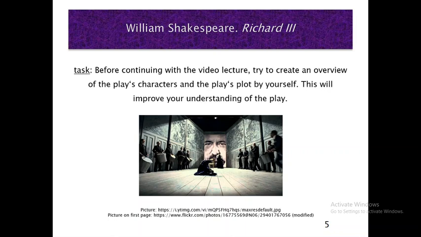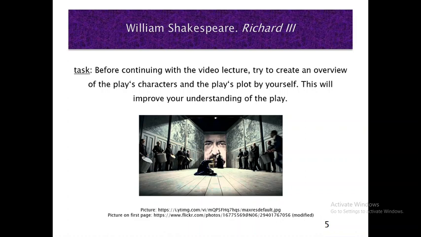Okay, now that we have discussed the historical context and the genre of the history play, let's turn to Richard III. And as usual, before you continue with the video lecture, please try to create an overview of the play's characters and the play's plot by yourself. This, as usual, will improve your understanding of the play. I know this is a complex play.